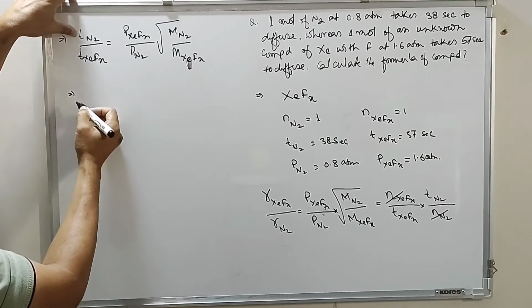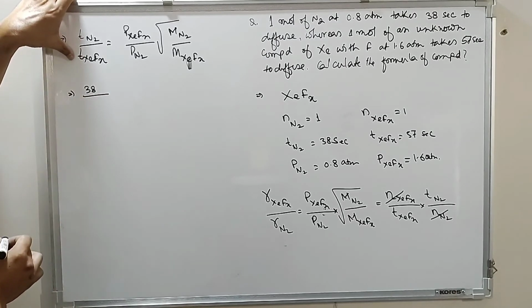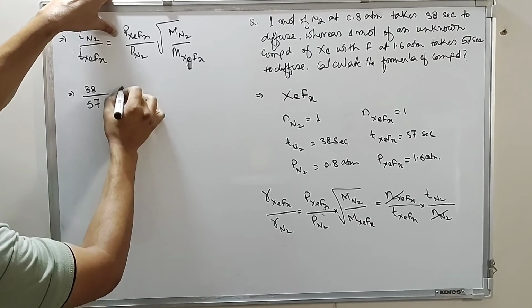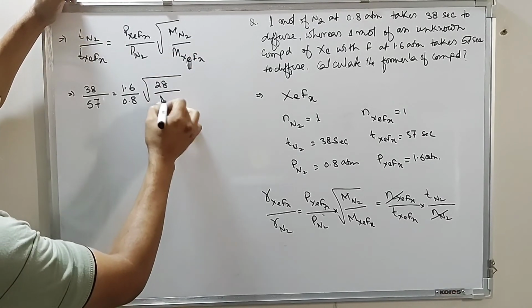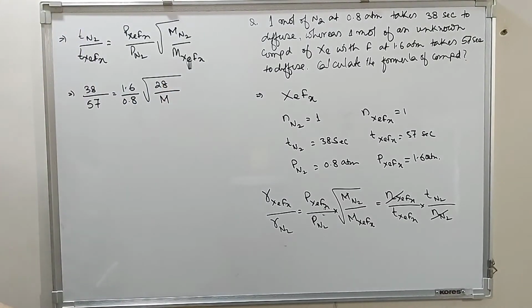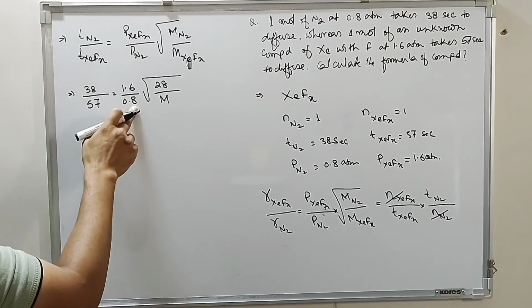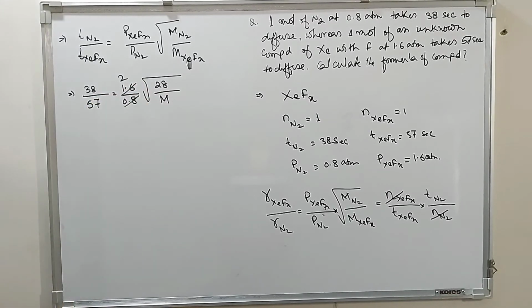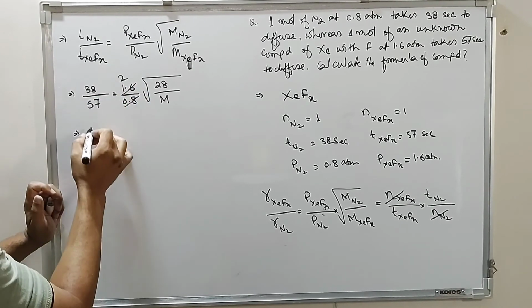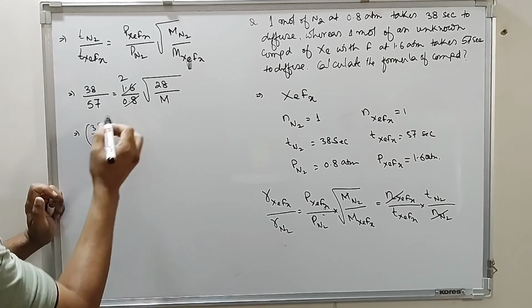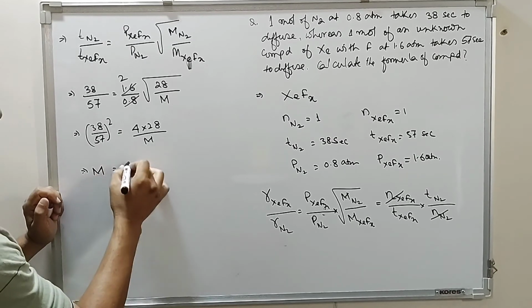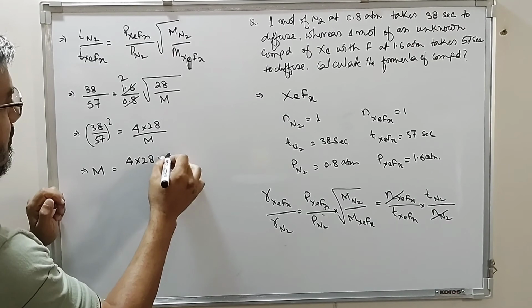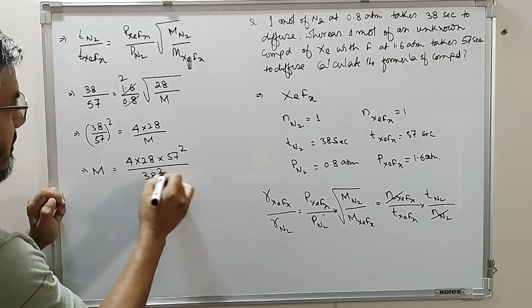So the time for diffusion of nitrogen, 38, divided by the time for the unknown compound, 57, equals 1.6 divided by 0.8, times the square root of the molar mass of nitrogen, 28, divided by M. We have to find the value of M. Taking the square, we have (38/57) squared equals 4 times 28 divided by M. Therefore, the molar mass of the unknown compound is 4 times 28 times 57 squared divided by 38 squared.